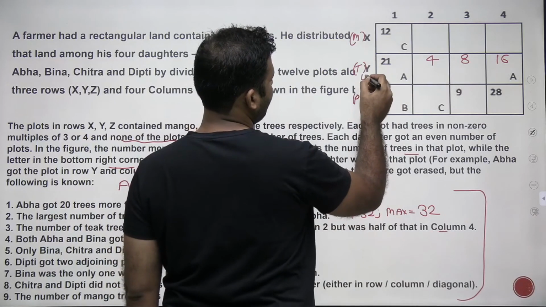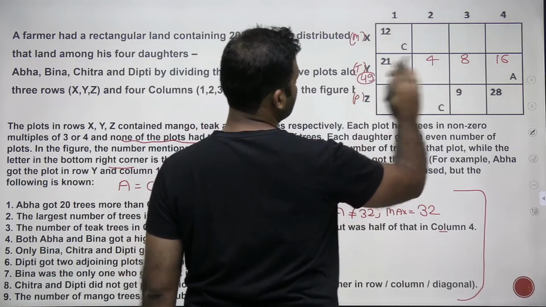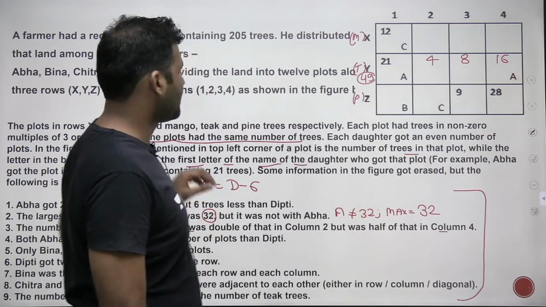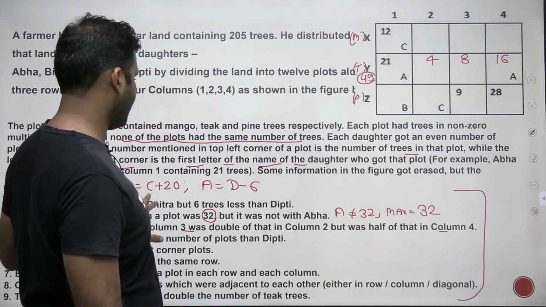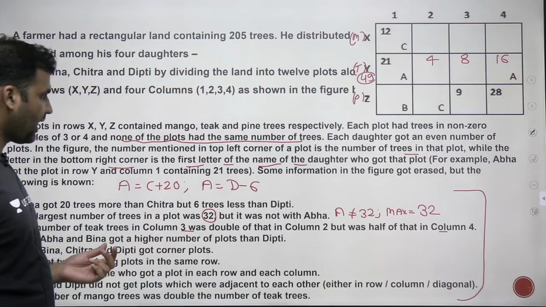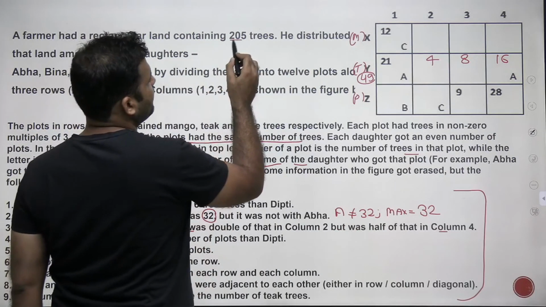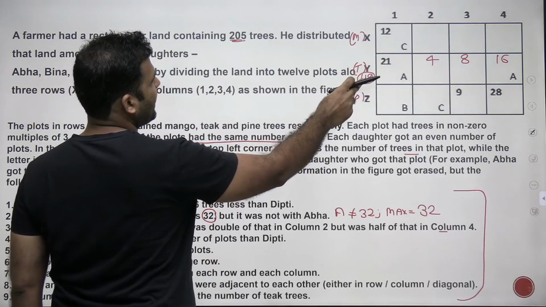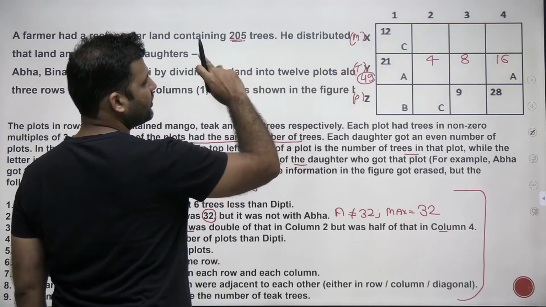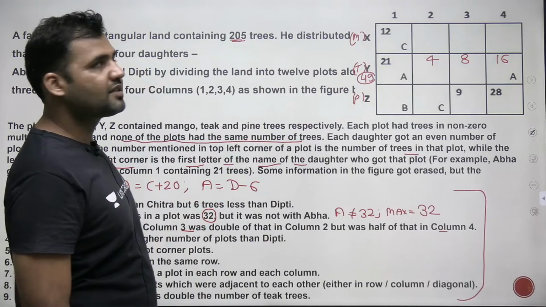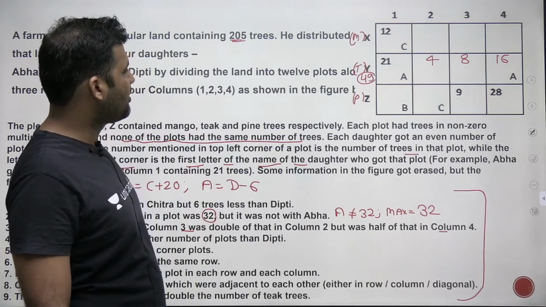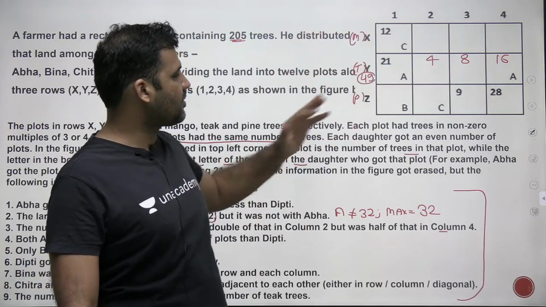So this is having 49 trees in total. And the total number of trees that I have is, as per the question, 205. Out of it 49 are here. So I'll be left with 156 more trees, which will be coming in rows X and Z.